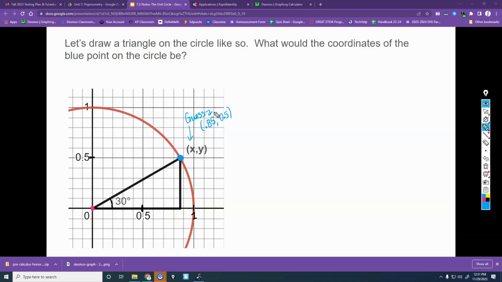Okay. But what we can do for this is we can sort of pull this triangle off and actually find those points. Because this length right here, that is your x coordinate, because the distance from 0 over here, that's what your x coordinate would be. And our distance from here to here, that would be our y coordinate.